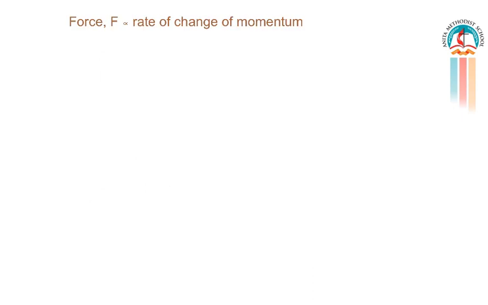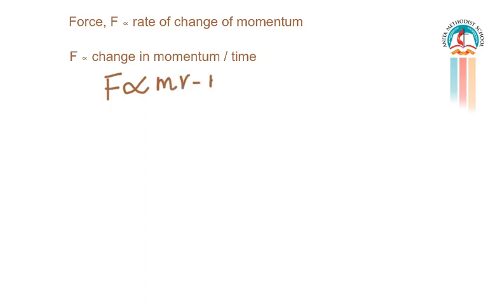According to Newton's second law of motion, force is directly proportional to rate of change of momentum. That is, force is directly proportional to change in momentum by time. Rate of change of means change in momentum by time. So F is directly proportional to a change in momentum, which is mv minus mu by time.